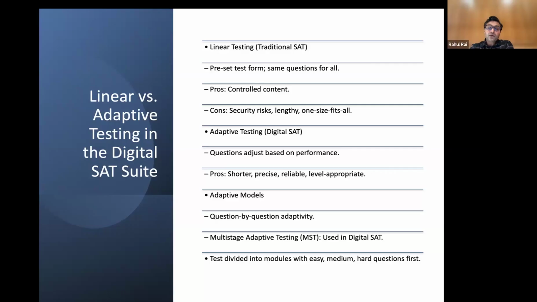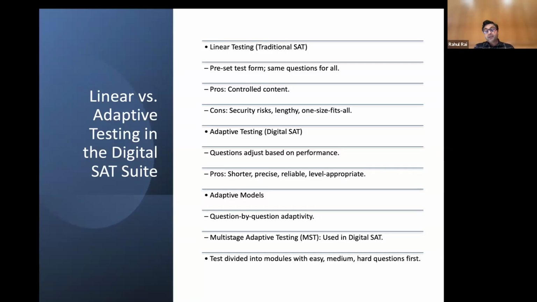However, it was lengthy, and the same set of questions was used to gauge the aptitude of every student appearing on that date. But as I mentioned, in March 2025 they changed it, and it has now become adaptive testing, what is known as the digital SAT. You will come across me saying the term DSAT, D for digital, and SAT, the remainder, which is the Scholastic Aptitude Test.